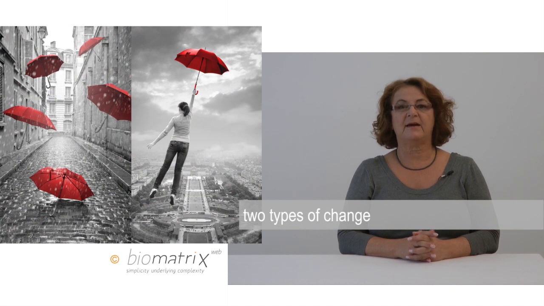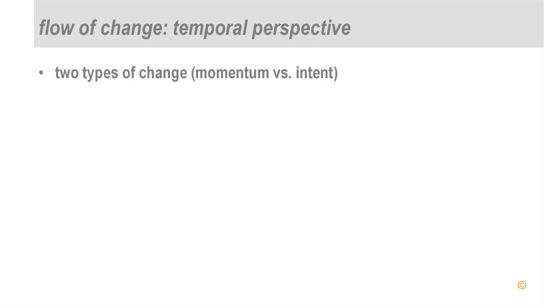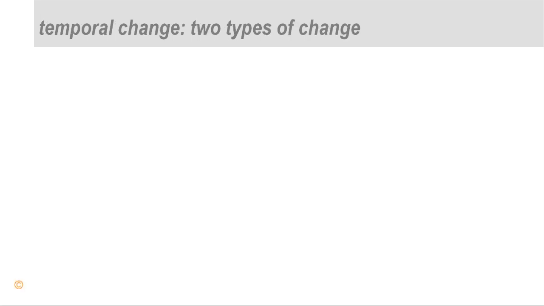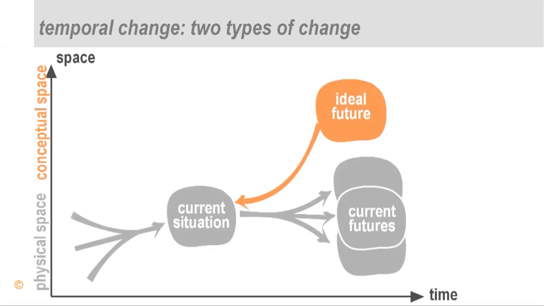We are looking now at the flow of change from the time perspective. Again, we look at the two types of change. We call them now momentum versus intent. And we are looking at the flow of change through the system's hierarchy from a temporal perspective. We have previously talked about the current and the ideal future, and that the current situation has momentum that drives it into the current future.